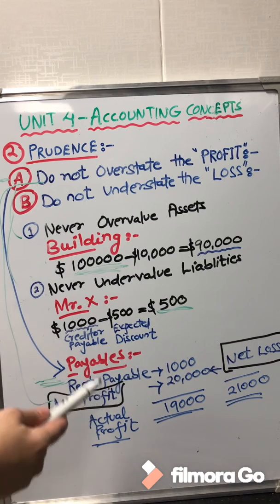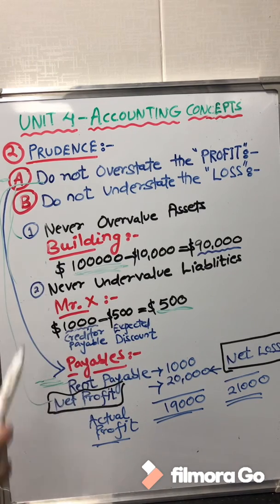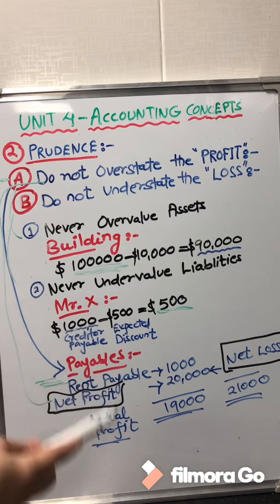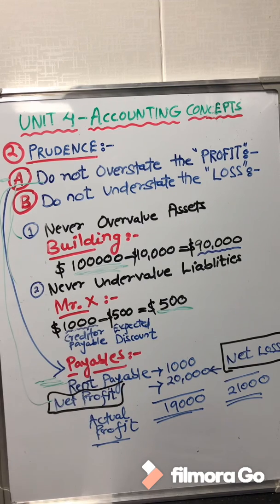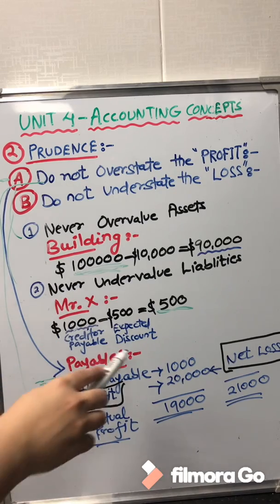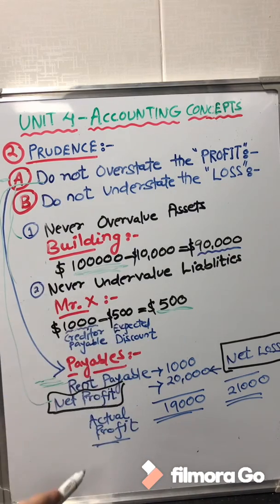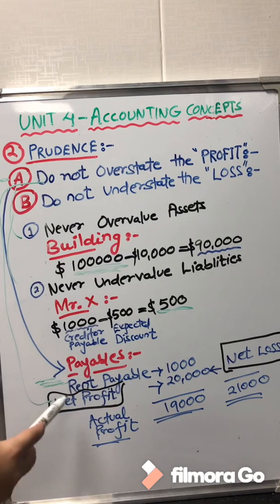Because we'll be paying, that's why we are deducting it from the profit. And here if it is a loss, then we have to add this 1000. So your net loss will be 21,000 and your net profit will be 19,000.